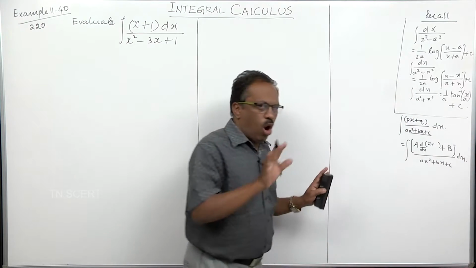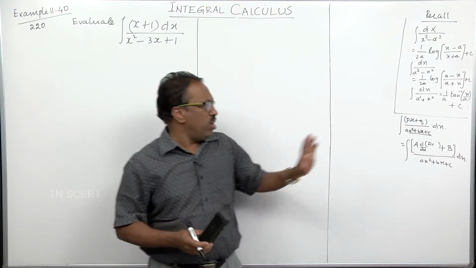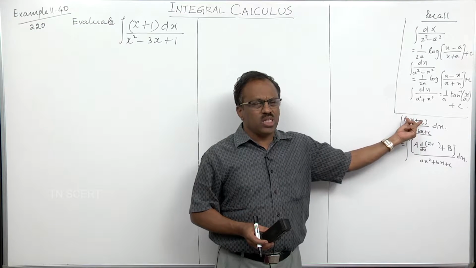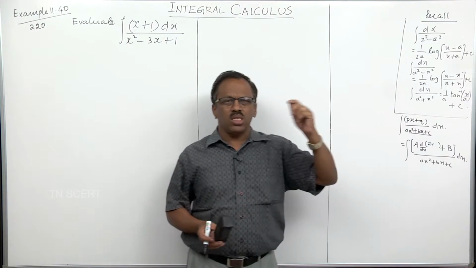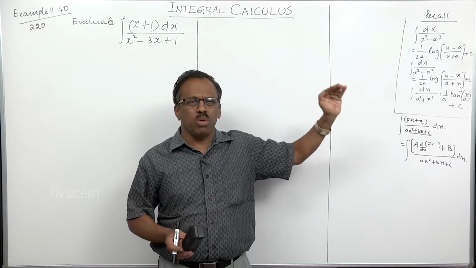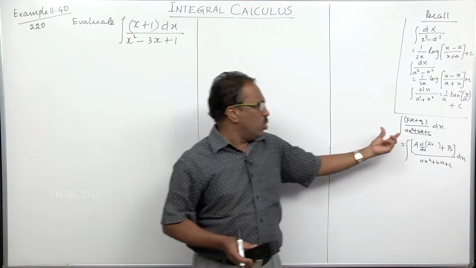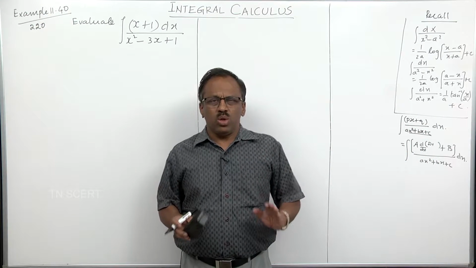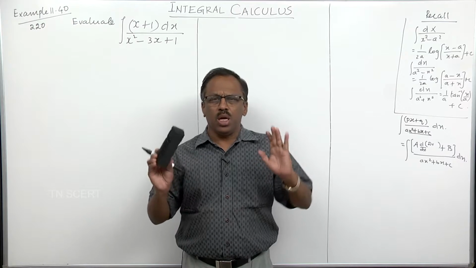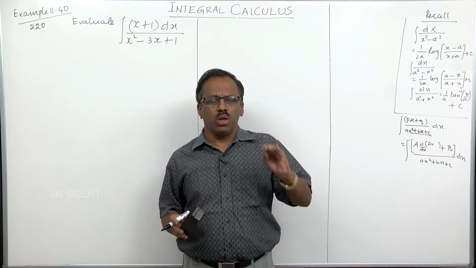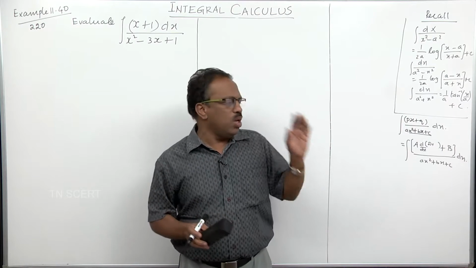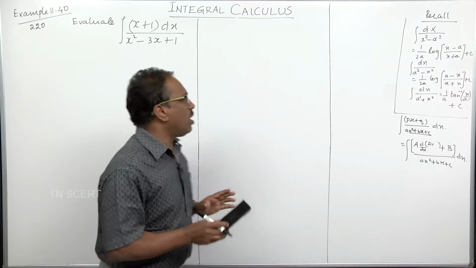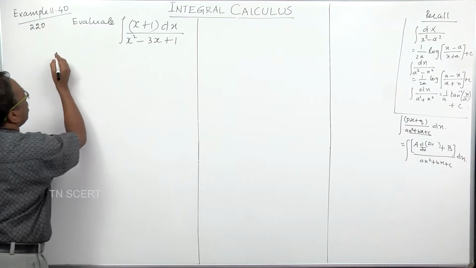This is the process you must always do whenever you see this kind of problem, a numerator px + q and a denominator that is a quadratic function like ax² + bx + c. Apply this method always, so that it is easy to do any problem. Whenever you notice this kind of problem, immediately recall what we have to do.